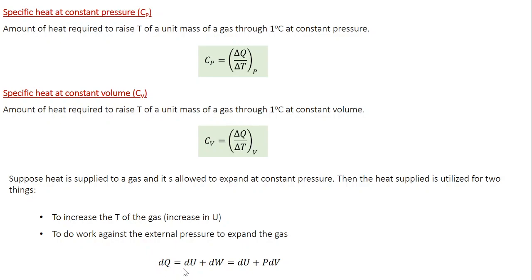We know dQ equal to dU plus dW, or work done, dW you can write in terms of the volume change dV as P dV. So a part of the heat energy is used to increase the internal energy, which also results in the increase of temperature, and the remaining part is used to do some useful work. In this case, it's used to expand the gas against the external pressure. So this is the case of constant pressure.